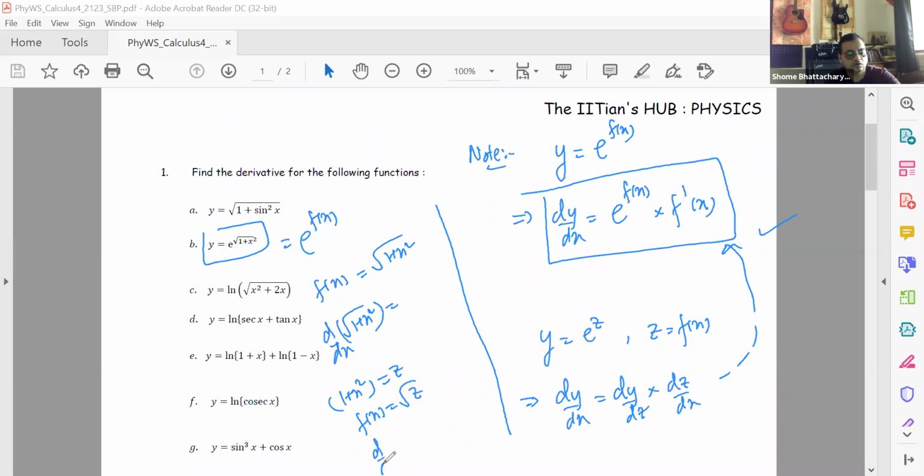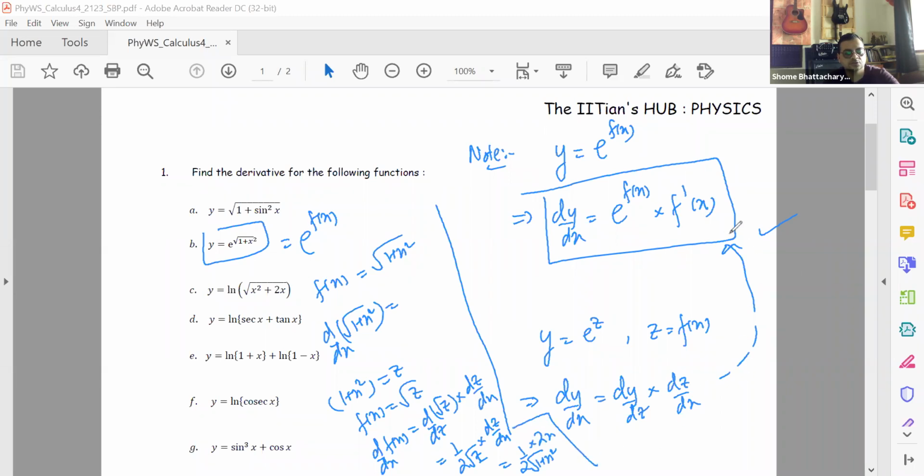So differentiation of this fx becomes this.